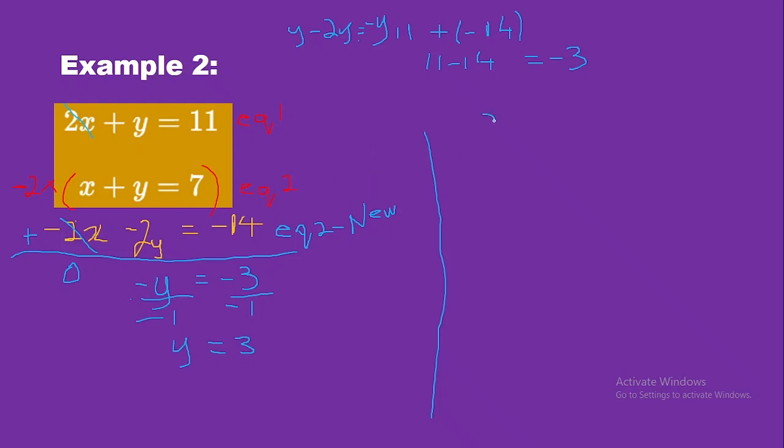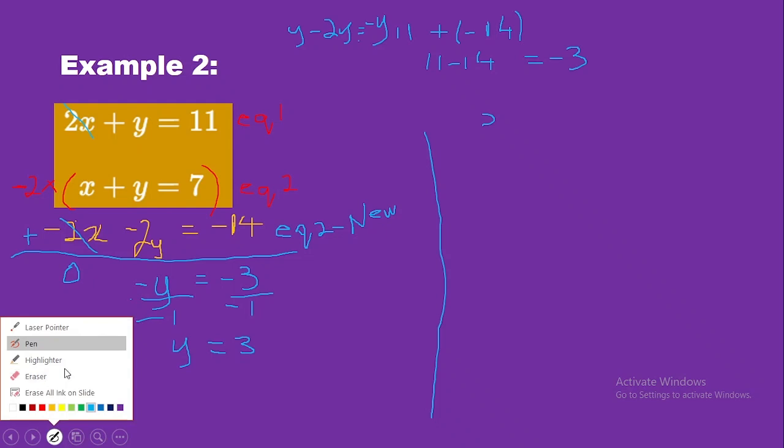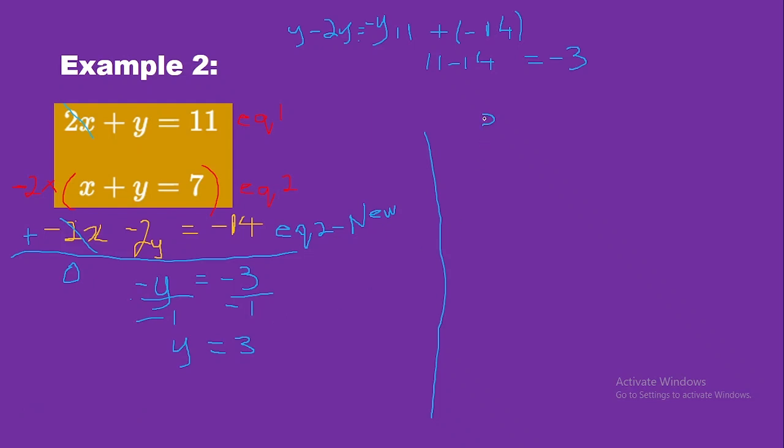So equation 2 is x, and let me just change the color of the pen right there, because I think that everyone has had enough of the color blue. So let's try black. So x now is going to be equal to, so let me just clear this off quickly.